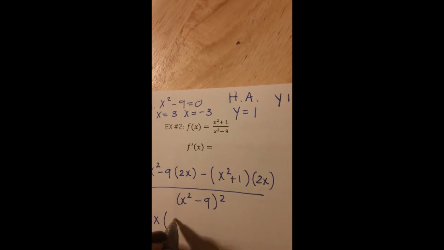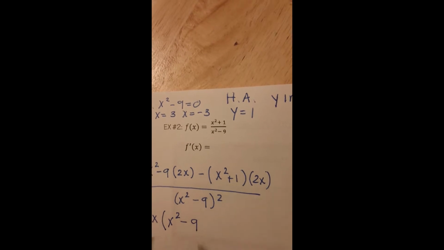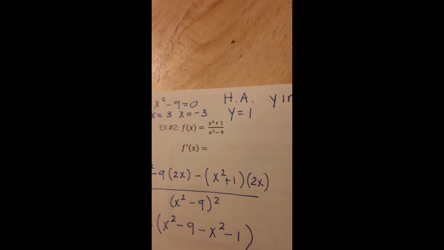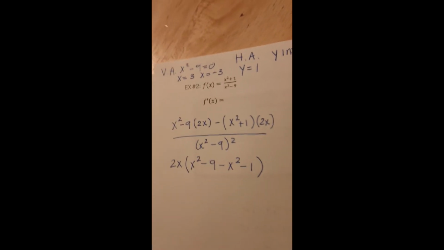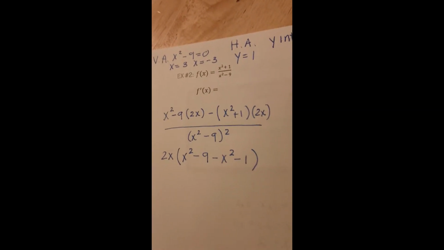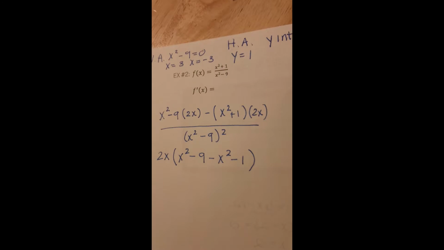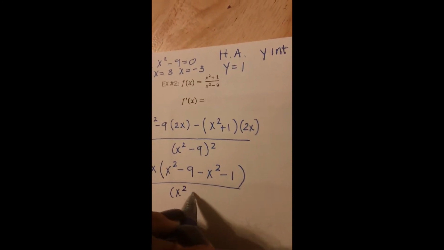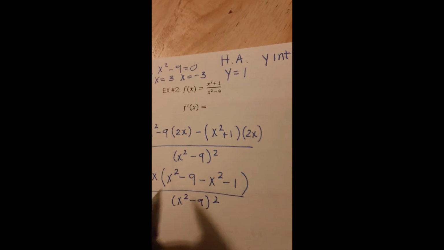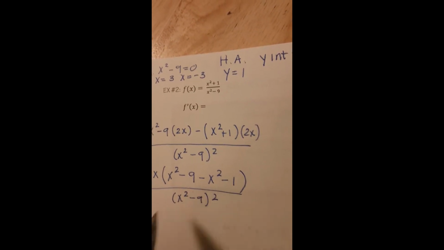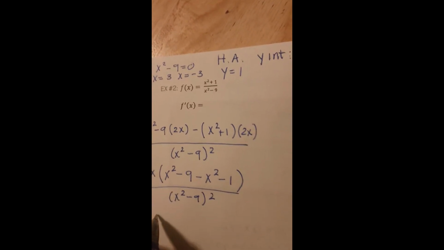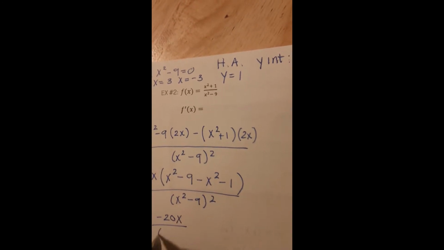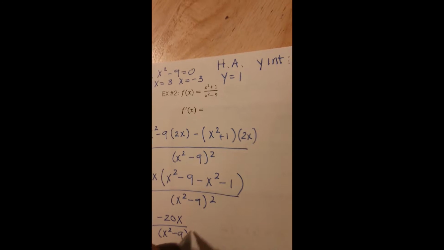We are left with x squared minus 9 minus x squared minus 1, and all of it still divided by x squared minus 9 squared. Our x squared will cancel out. The inside is a negative 10, so we really have negative 20x over x squared minus 9.